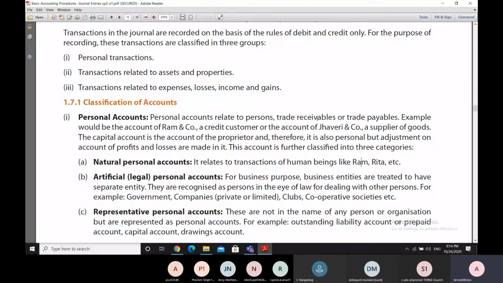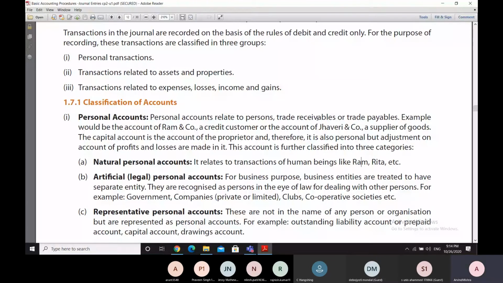Person means personal account. So it could be a credit customer or it could be a trade supplier. Then among the personal accounts, there is capital account also, which is the personal account of the proprietor. However, in the capital account, we also make adjustments on account of profits and losses. When we say profits and losses, those transactions relate to expenses, losses, incomes, and gains.